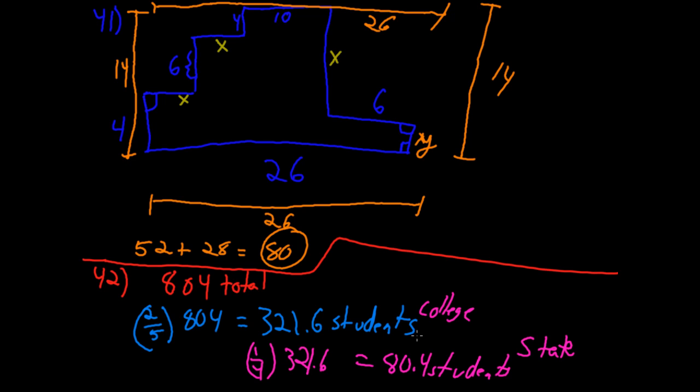Even though we have 321 students going to college, out of those students only 1/4, or 80.4 students, are going to a state university. And the answer for that one is 80. Well, just 80 because it says approximately. And that's the answer. I'll see you in the next video.